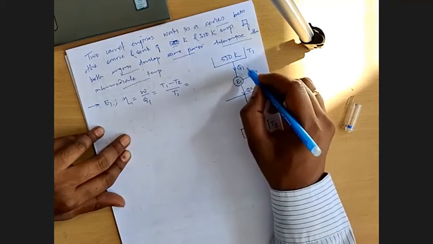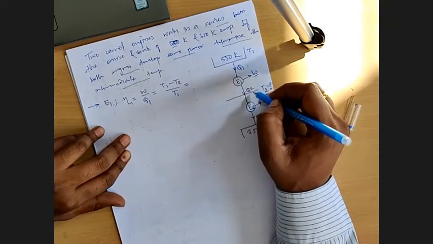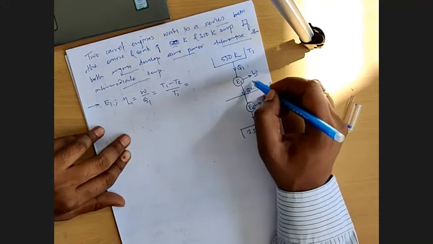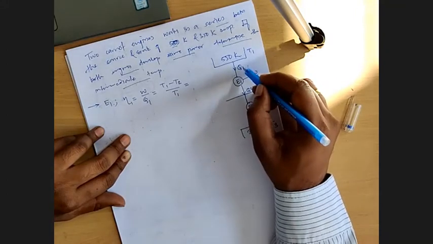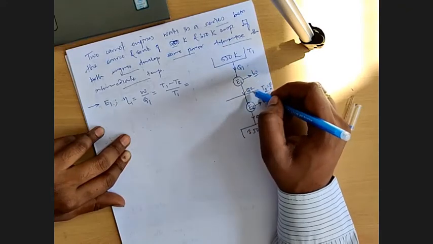So here Q1 is equal to W plus Q2, right? Because this is entering and those two are leaving. So those two must be equivalent to this input Q1. So Q1 is equal to W plus Q2.